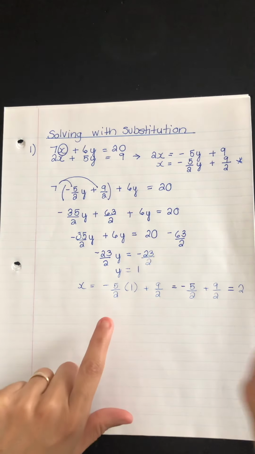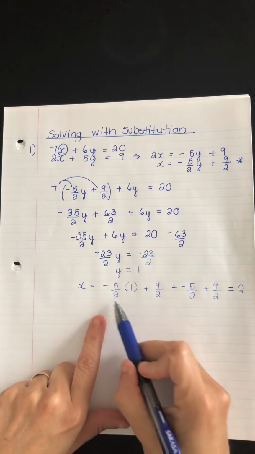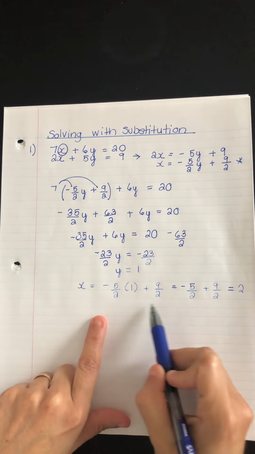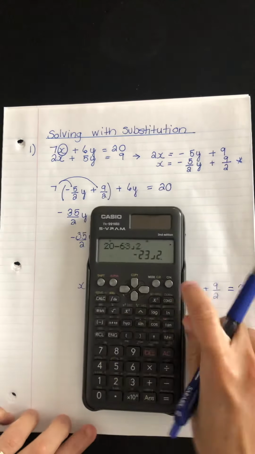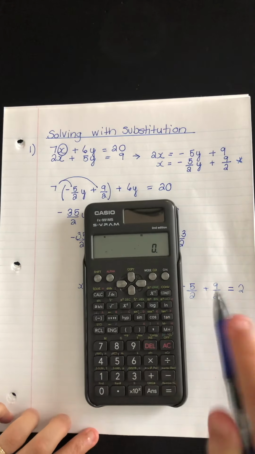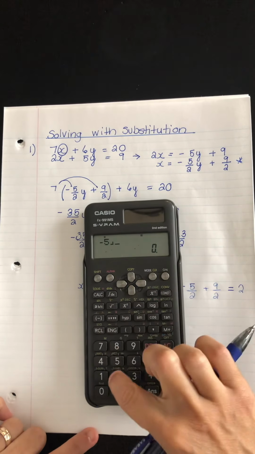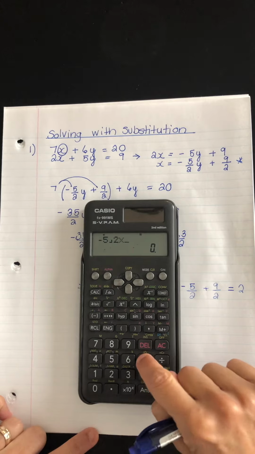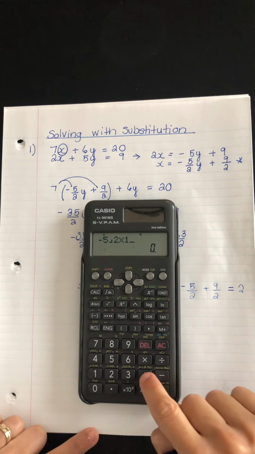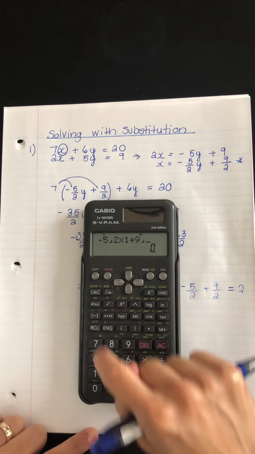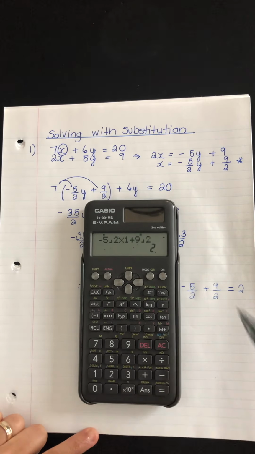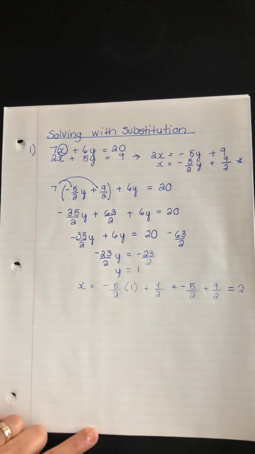Okay, and let me just show you, we could have just punched this into the calculator just like it is as well. So you could have just done negative 5 over 2 times 1 plus 9 over 2 is 2. So that corresponds. Okay, and at that point you have your answer.